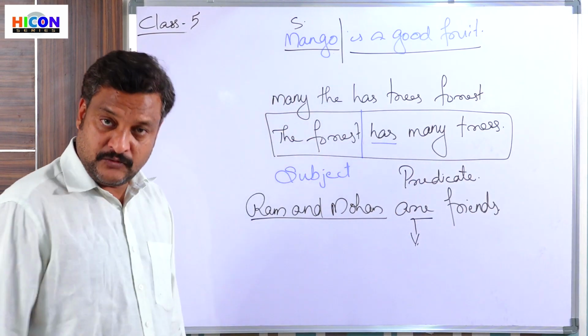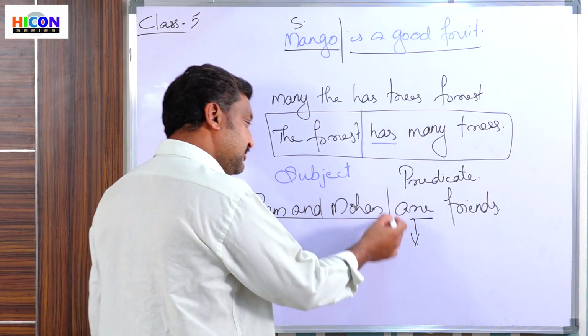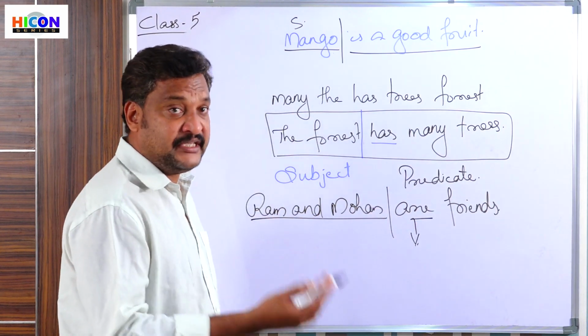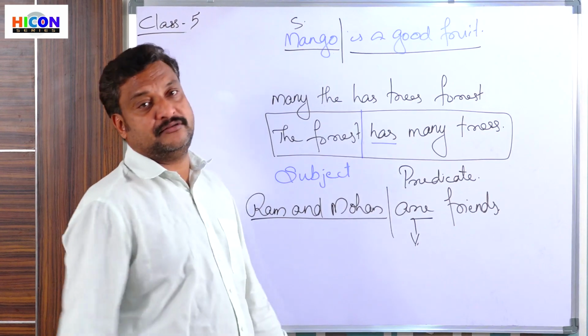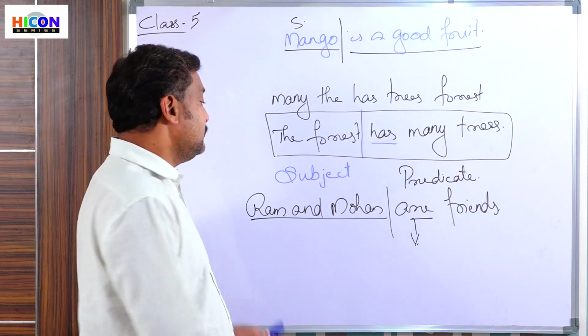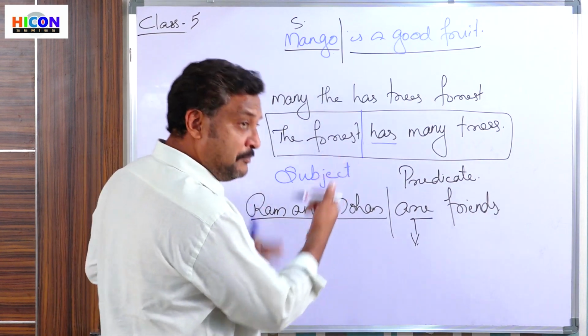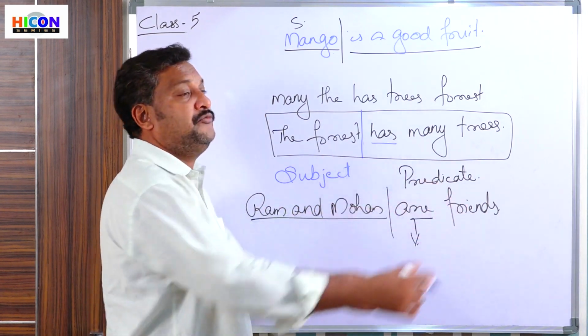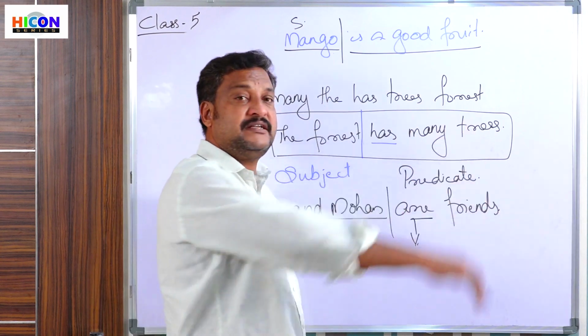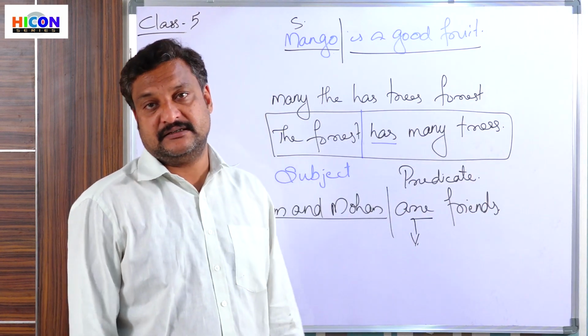So until the verb, the sentence is speaking about Ram and Mohan. Right? So Ram and Mohan is the subject. What do we speak about Ram and Mohan? They are friends. So 'are friends' is the predicate part of the sentence.